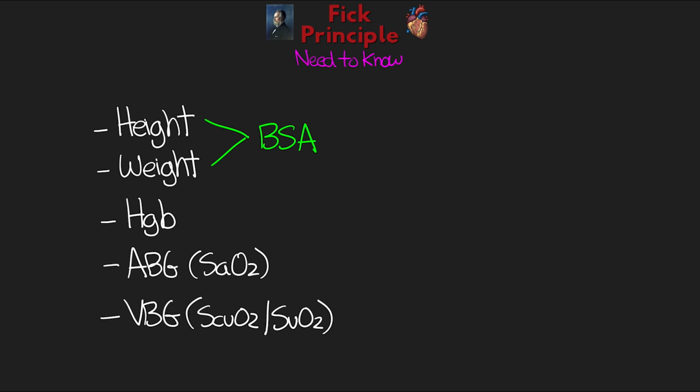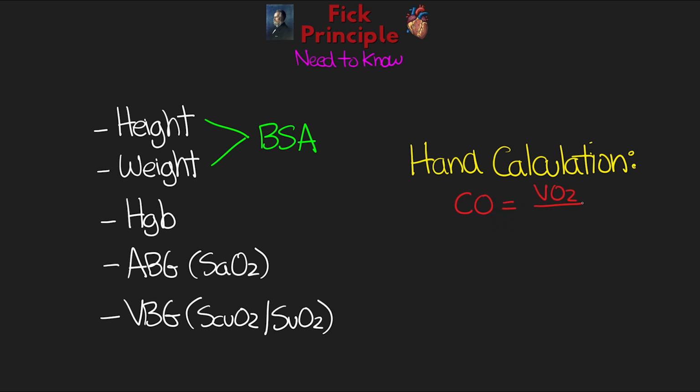Now, some monitors and some charting systems actually have this calculation built into them. You can also find calculators online, and they have apps for these as well. Otherwise, the hand calculation is as follows. Remember, our starting calculation is cardiac output is equal to our VO2 divided by our CaO2 minus our CvO2.